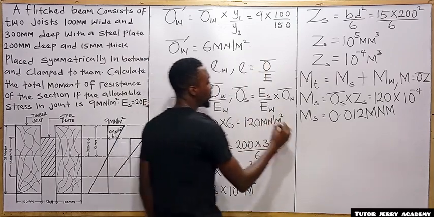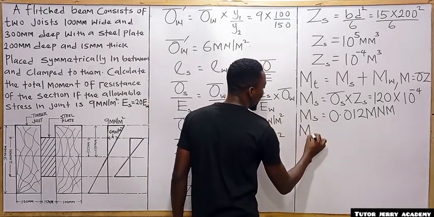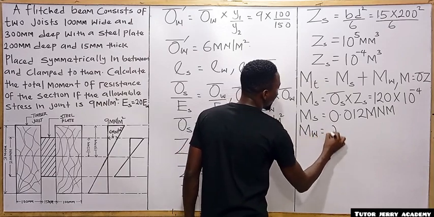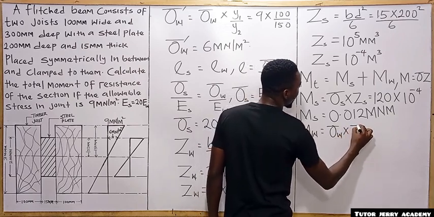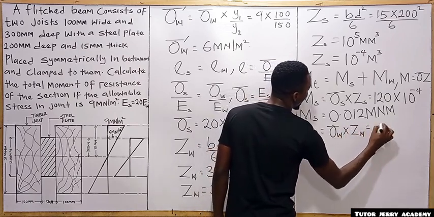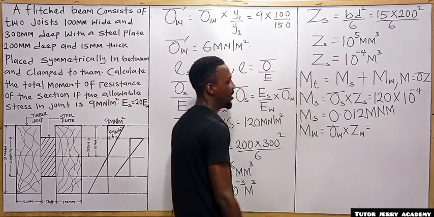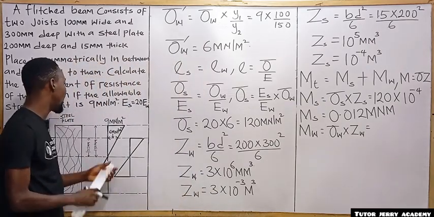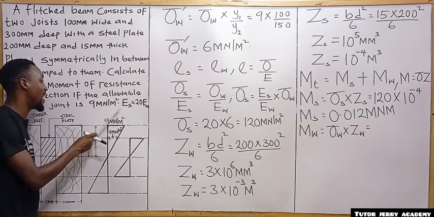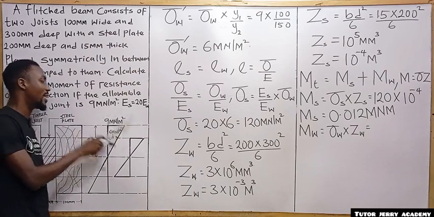All right. So now let's go for the moment of resistance of the wood. This is the same thing as the maximum stress in the wood multiplied by the section modulus of the wood. So what is the maximum stress in the wood? It is 9 mega Newton per meter square.